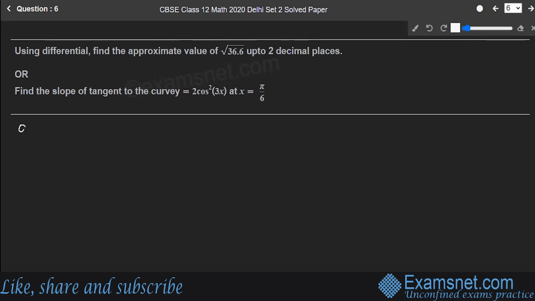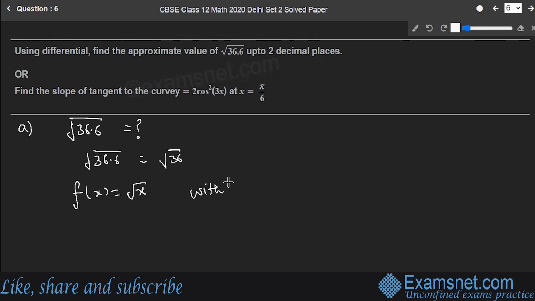I'll start with part A of this question, which is to find out the root of 36.6. See, 36.6 is very much near to 36. So I'll use f(x) is equal to root x with x as 36 and delta x as 0.6.